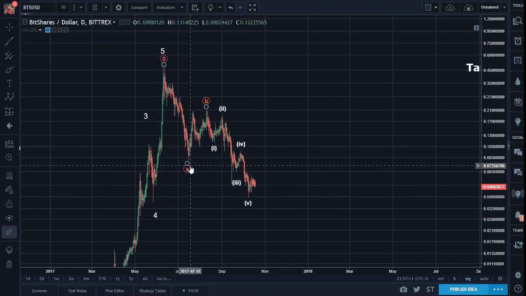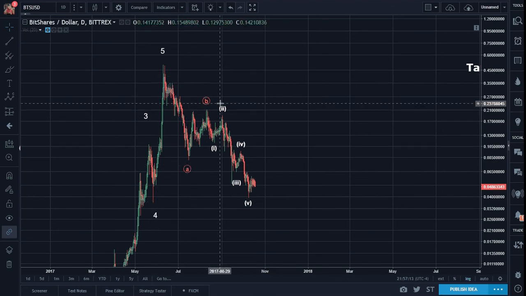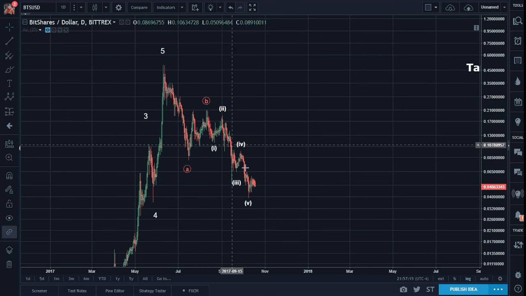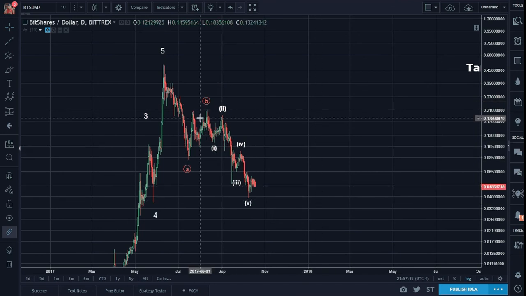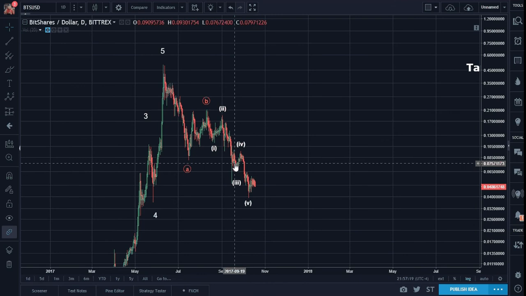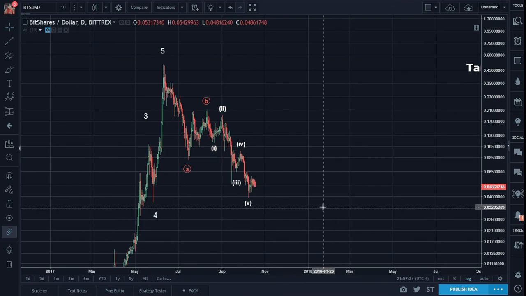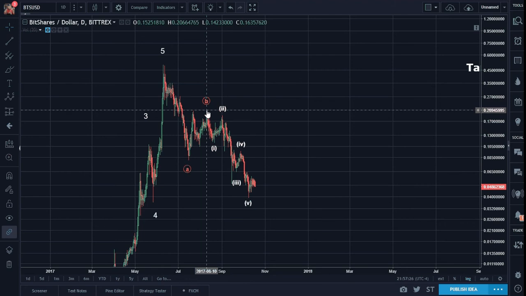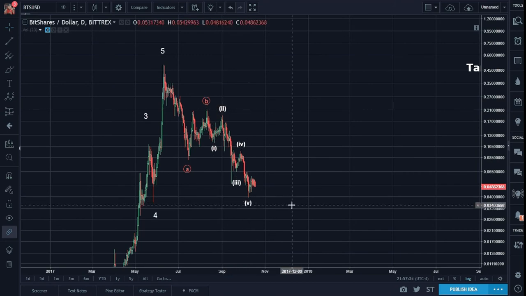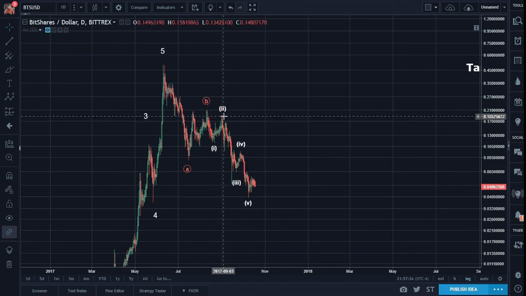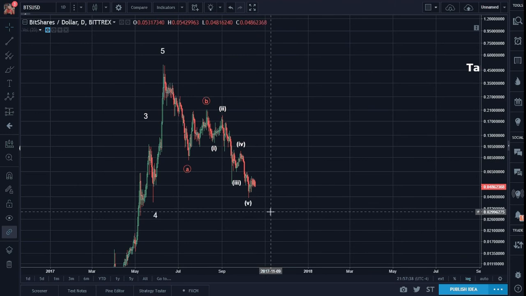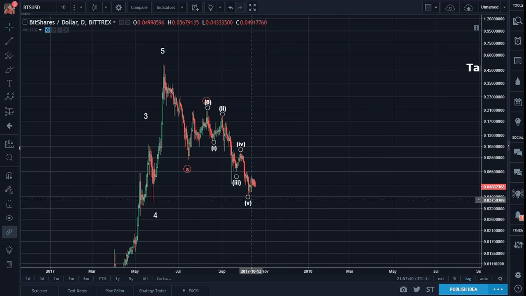So we have A, B, and then C will be 5 waves down. C for a zigzag or flat will always be a 5-wave. So we have A, B, and then I'm counting 1, 2, 3, 4, 5. Interesting. There are 5 waves here. So if this is a true 5-wave down, could the correction be done?